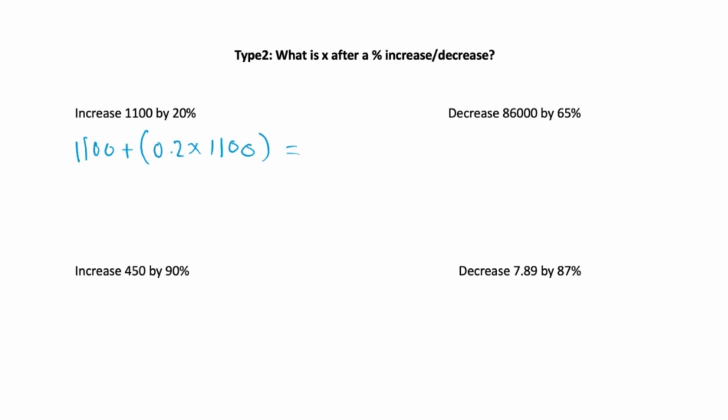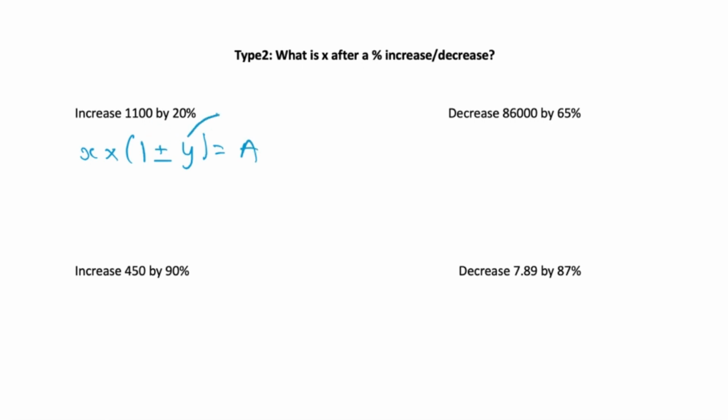Now there is a formula for this, and the formula is this. X, let's assume that's the starting number. You times that by bracket, 1 plus or minus, depending if it's an increase or decrease, Y percent, and it will give you the answer.